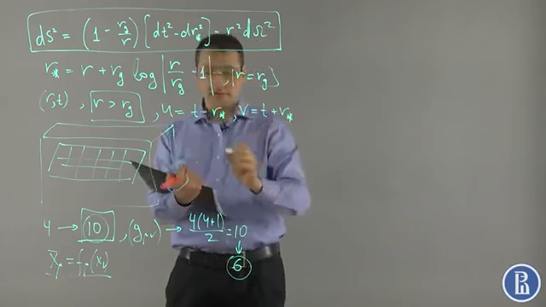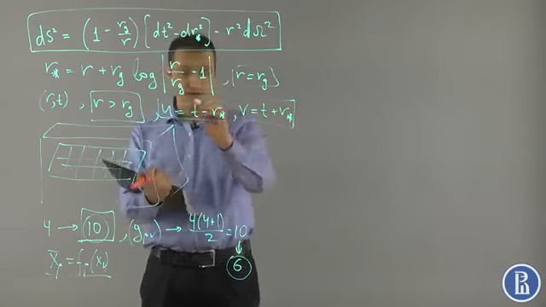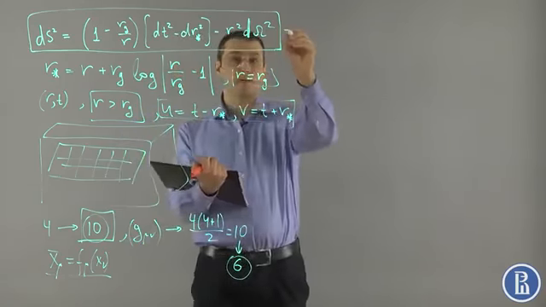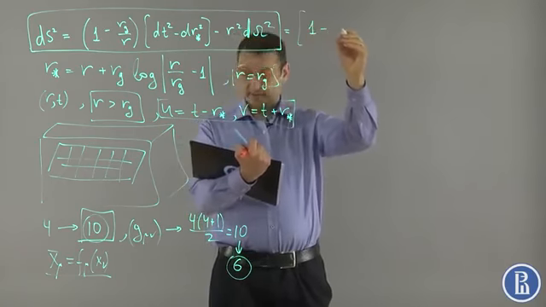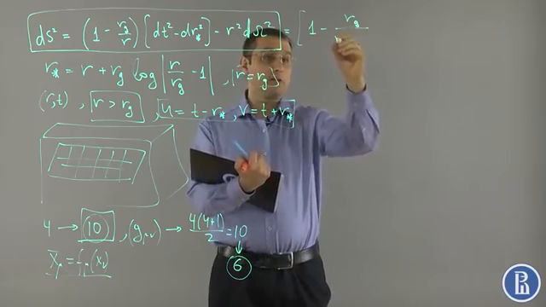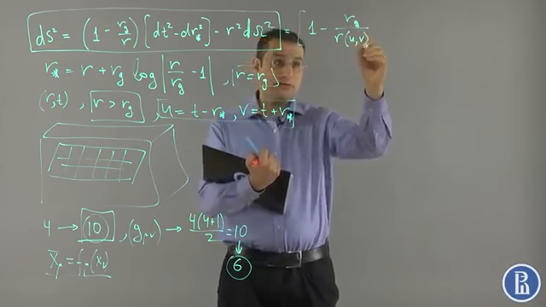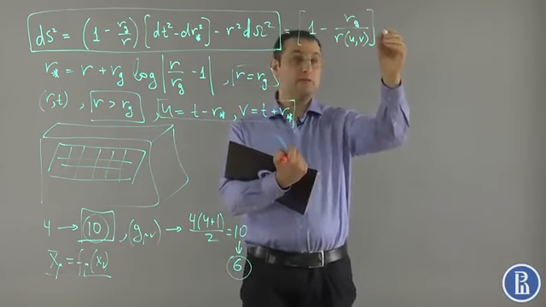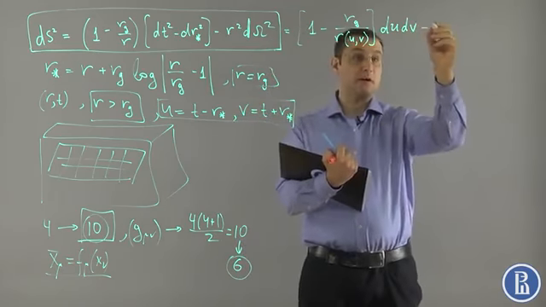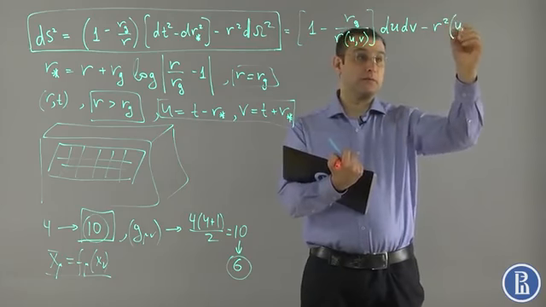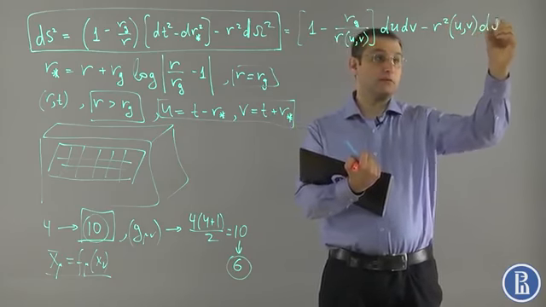After such a change of coordinates, this metric can be represented as 1 minus rg divided by r, which is a function of u and v, times du dv, minus r squared, which is also a function of u and v, times d omega squared.